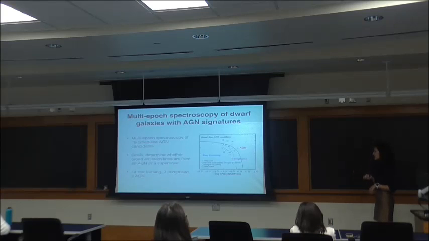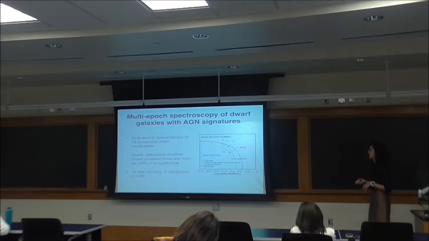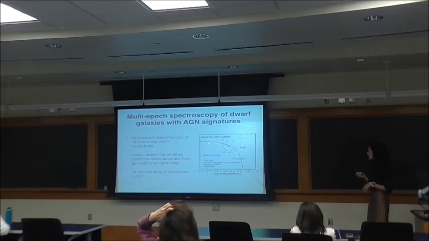So we looked at 19 broadline AGN candidates, and the goal was to determine whether the broad H-alpha emission was from an AGN or a supernova. In the end, I got observations of 14 of the star-forming galaxies with broad H-alpha emission, and then 3 composite and 2 AGN.